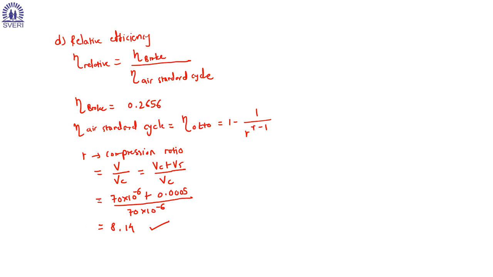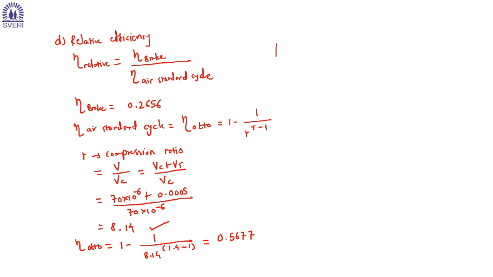Now I'll calculate the efficiency. Otto cycle efficiency will be equal to 1 minus 1 divided by 8.14 raised to 1.4, gamma is given as 1.4, minus 1. Now I'll calculate this. The value comes out to be 0.5677. So efficiency is 56.77% for an air standard cycle.